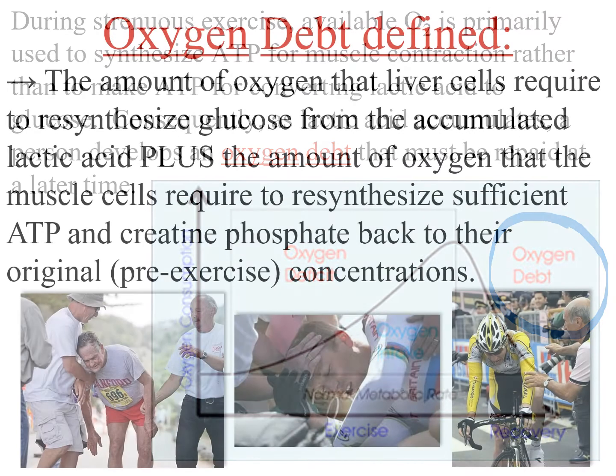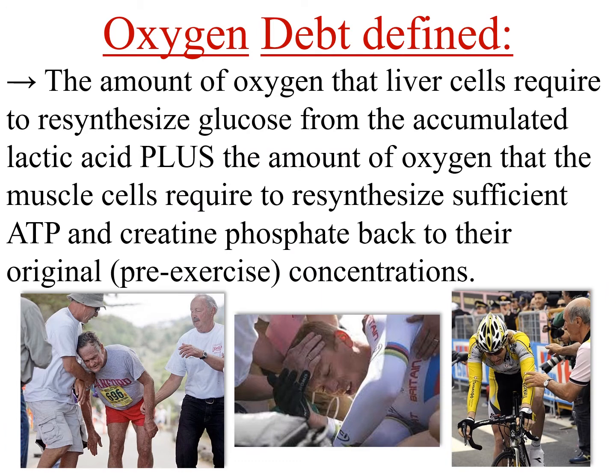So what exactly is oxygen debt from a muscle physiology standpoint? Well, here's the definition. The amount of oxygen that liver cells require to take that accumulated lactic acid and convert it back into glucose, as we saw in some of the earlier slides, plus we've got to restore the oxygen back in the muscle cells to a sufficient level so as to resupply the muscle with both stored resting ATP levels and creatine phosphate levels.